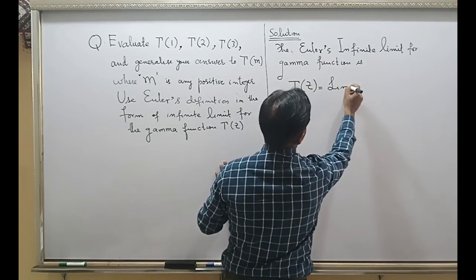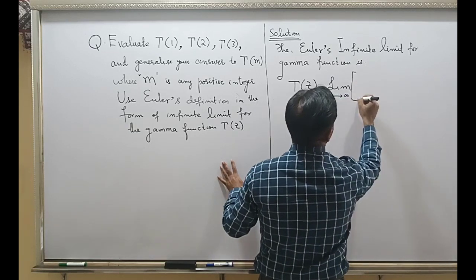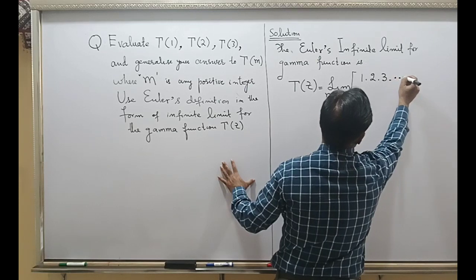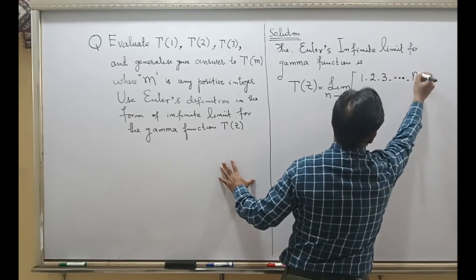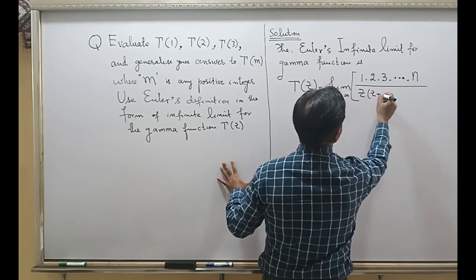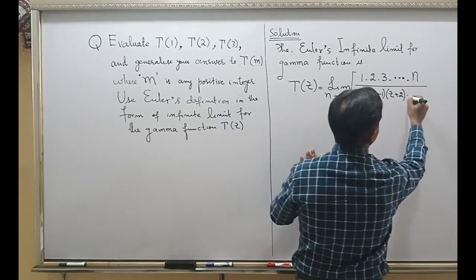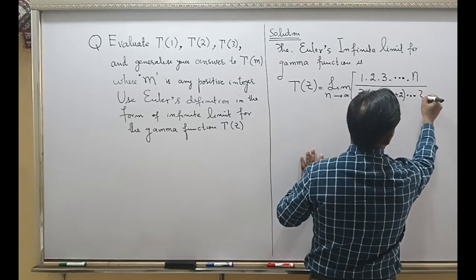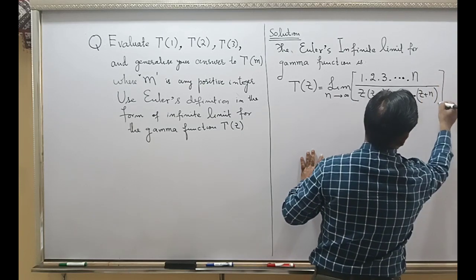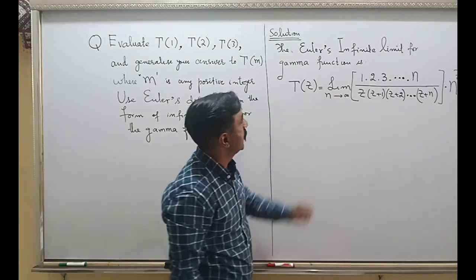It is the limit as n approaches infinity of 1 into 2 into 3 dot dot into n over z into z plus 1 into z plus 2 dot dot z plus n, multiplied by n to the power z. This is the definition.